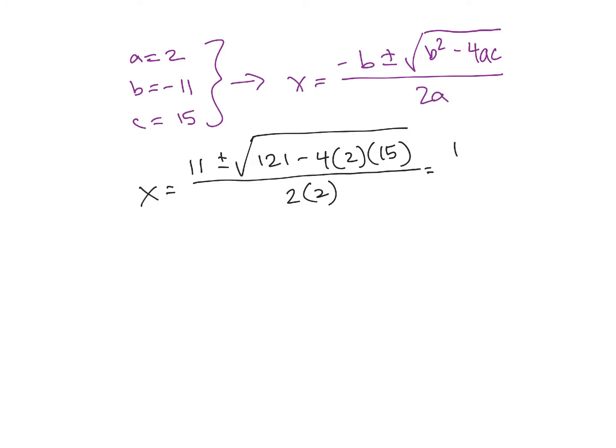So 11 plus or minus big square root 121 minus, let's see, 4 times, no, this is what I'm going to do instead. I'm going to choose the easiest math I can do. 2 times 15 is 30. 30 times 4 is 120.